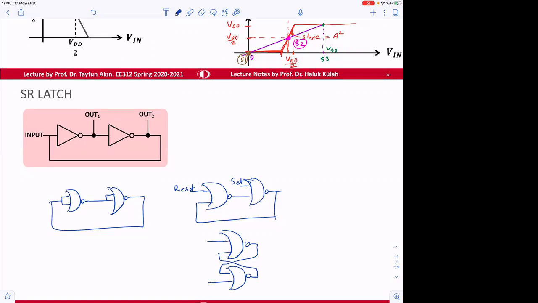Okay, so this one is going to be reset, this will be the set signal, and that's how we can obtain an SR latch. Okay, so that's the basics of this SR latch, and we can make a memory, as I told you, from these 2 stable, 1 unstable states.